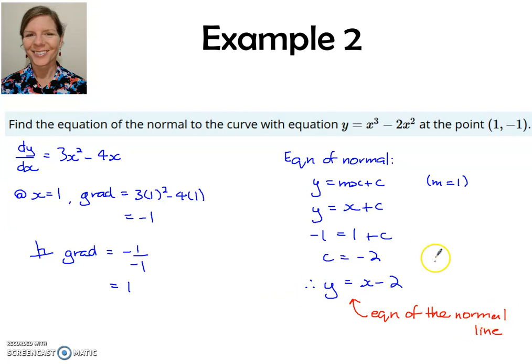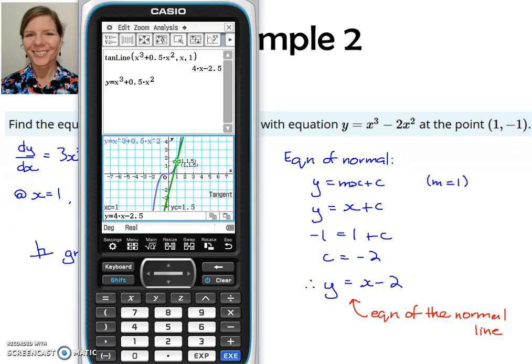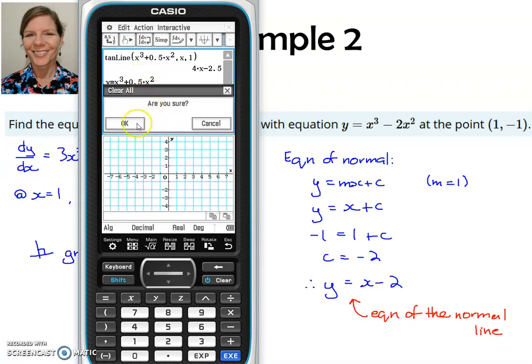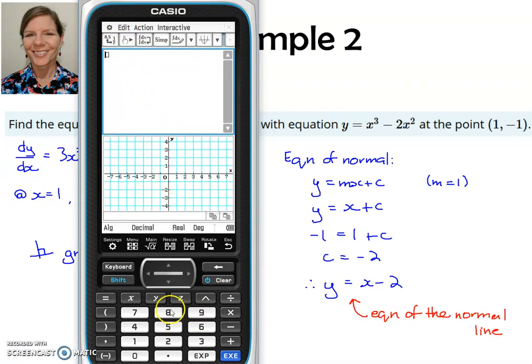Okay, so again, you can do this on your ClassPad in exactly the same way, using the same two options. So if we clear all this again, what we've got first is x cubed minus 2x squared.